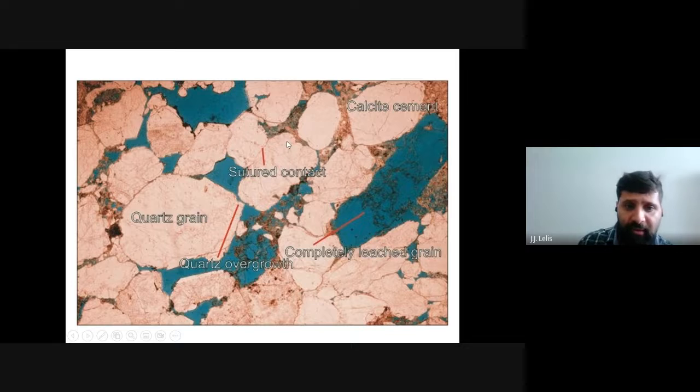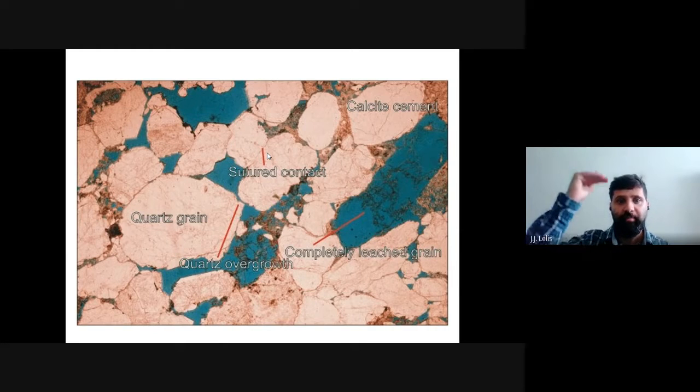But we can see that this horizon was buried in the past because we have this type of contact between the coarse fraction. We can see this saturated contact between grains, the coarse materials. This kind of contact between grains is evidence that this material was buried and pressured in the past by a diagenesis process.